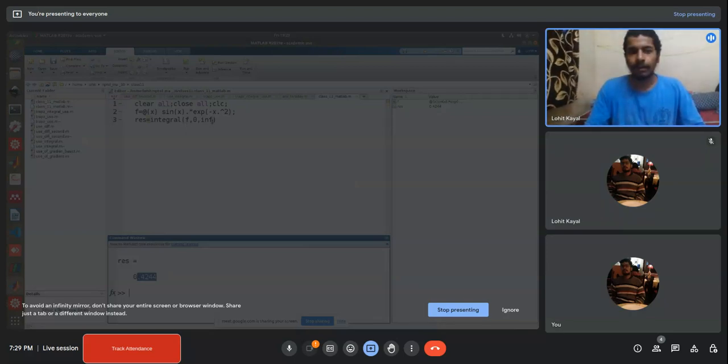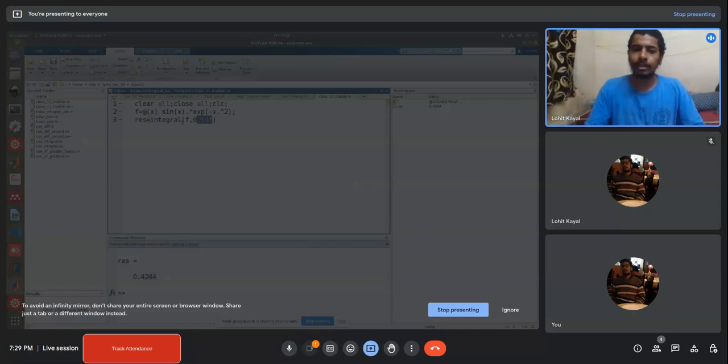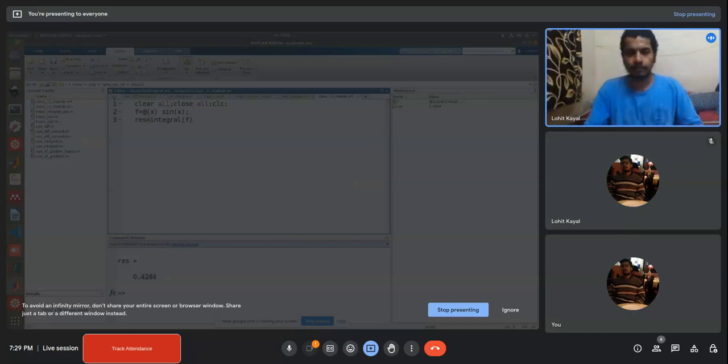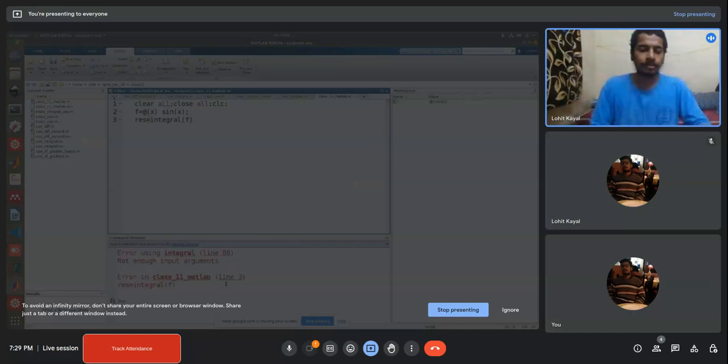Now if I just write integral of f and do not give anything else, it will show an error, because integral is built just for numerical integration. If you don't specify the upper limit and lower limit, it cannot work. So you need to specify the limit here.